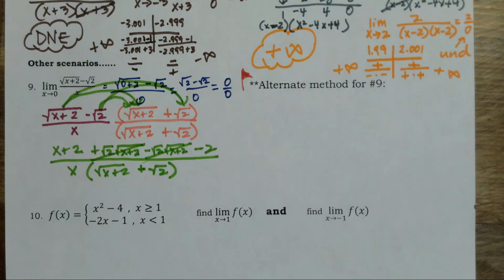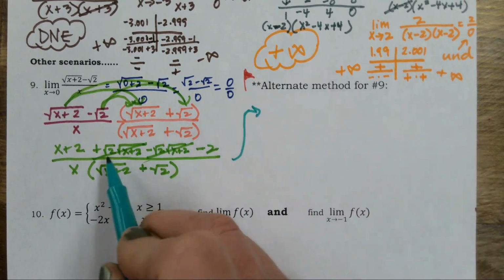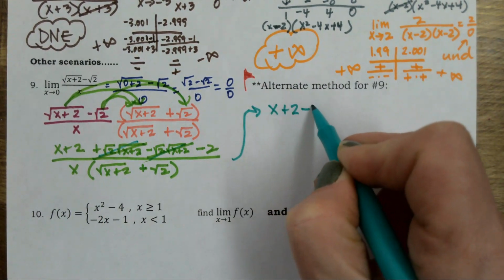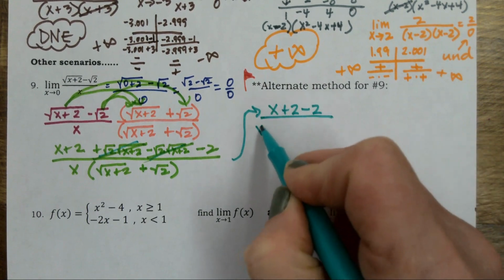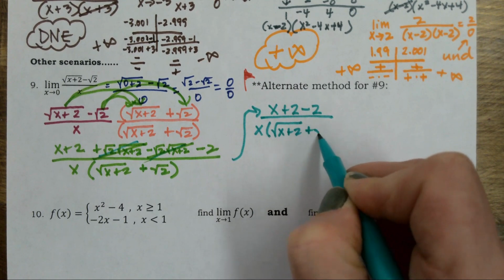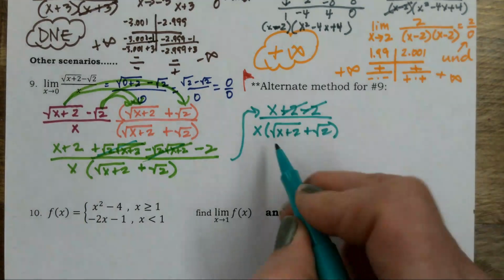I'm going to bring this over and clean it up a bit. So I canceled out those middle terms. I have x plus 2 minus 2 over x times this ugliness. And on the top, the plus 2 minus 2 cancel.